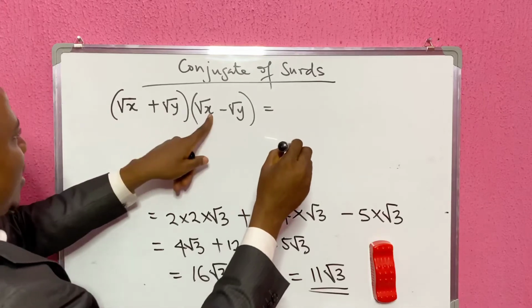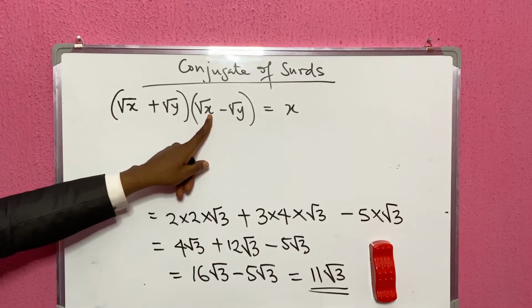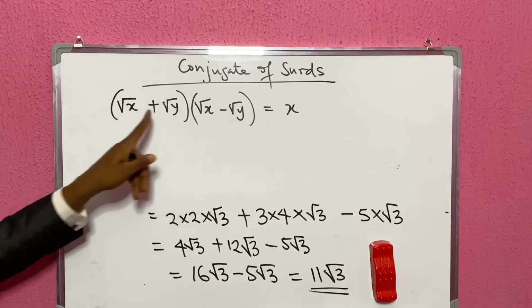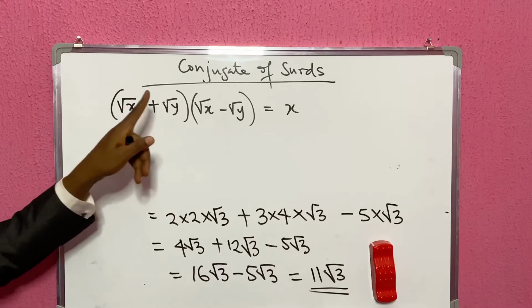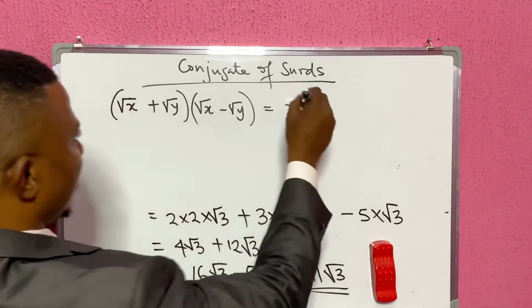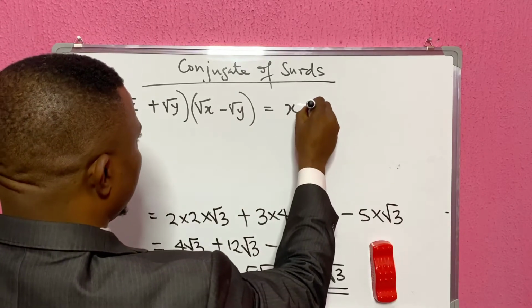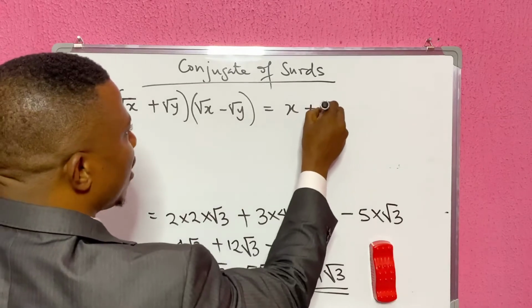surd x times surd x will give me x, because surd x times surd x gives us surd x squared, which is x, plus surd x times surd y will give us xy.